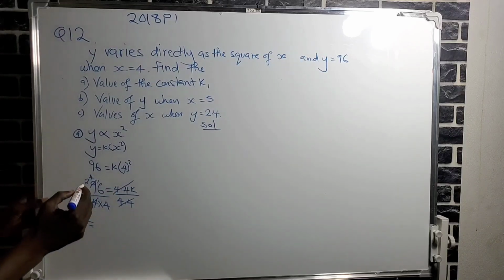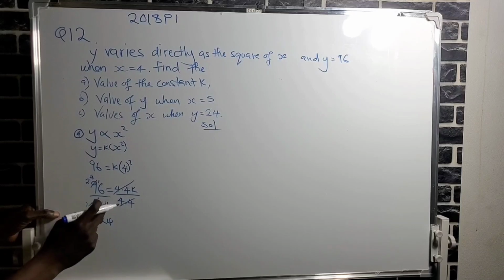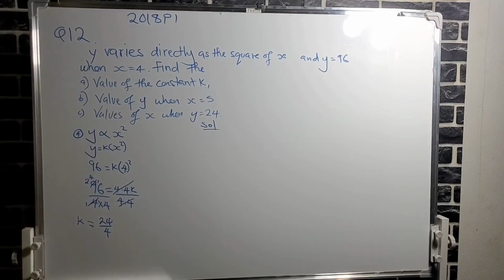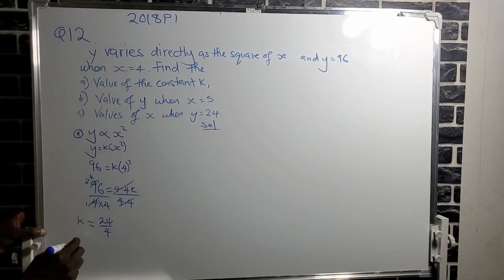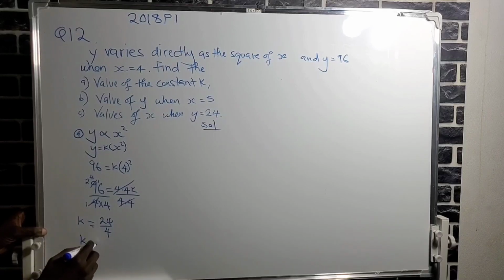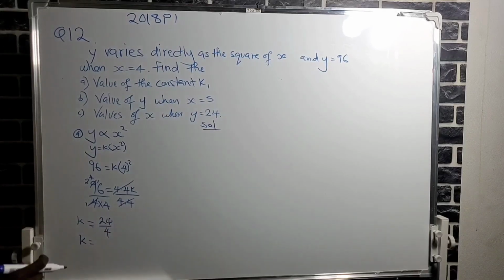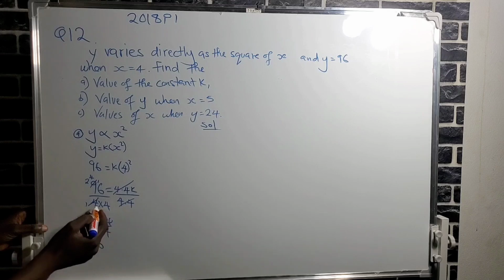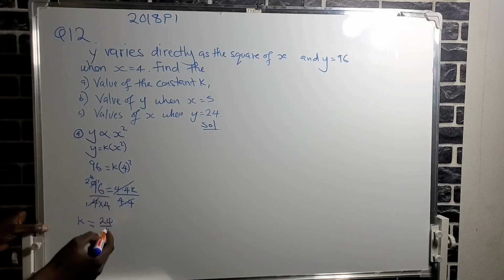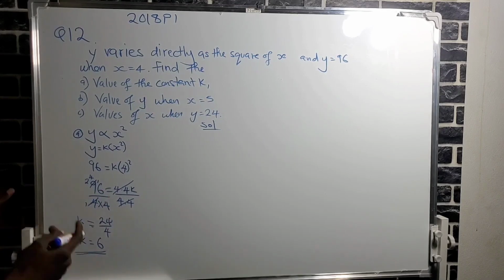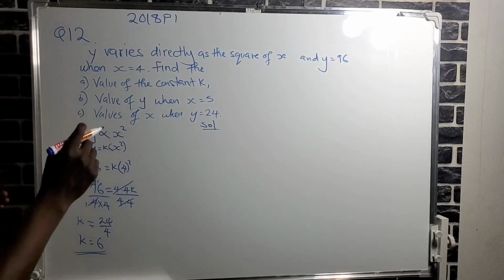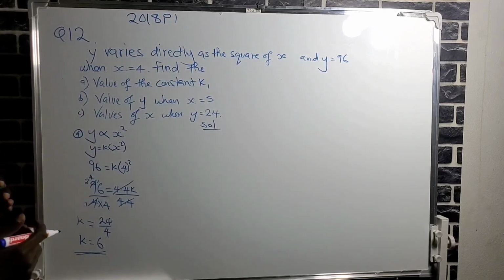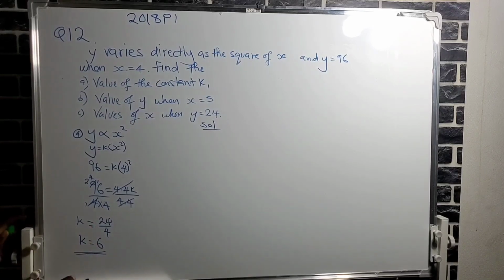Then down we have a 4. Easy to reduce. Then 4 into 24 is 6 times. So in other words, 16 into 96 is 6 times. But it will be a challenge to deal with 96 divided by 16. With small numbers, simple. So the value of k is 6.